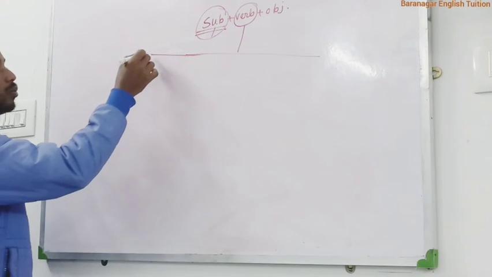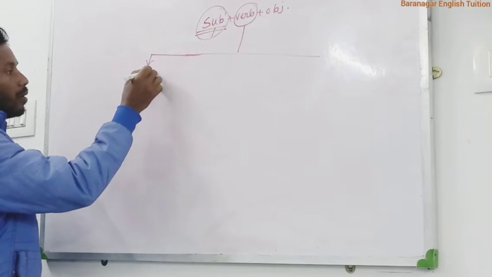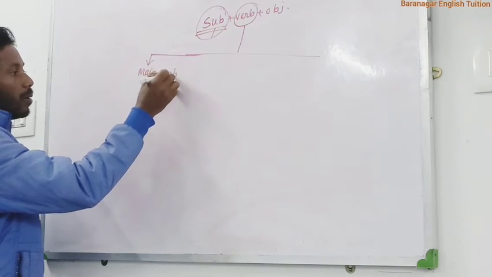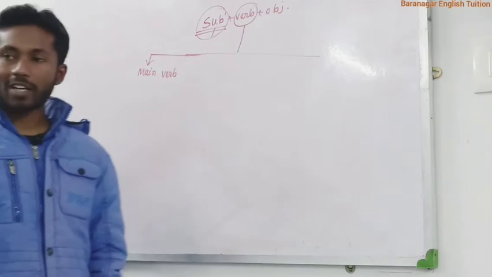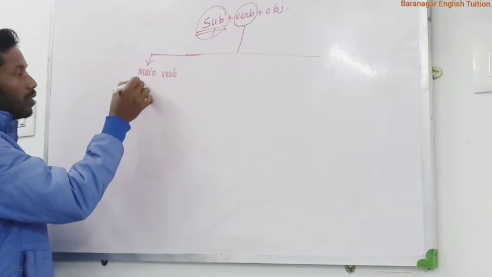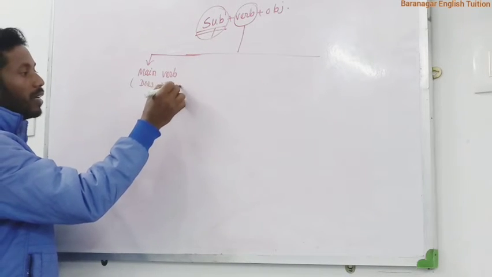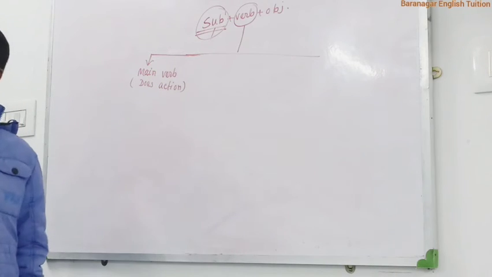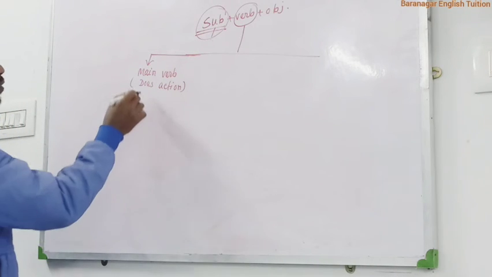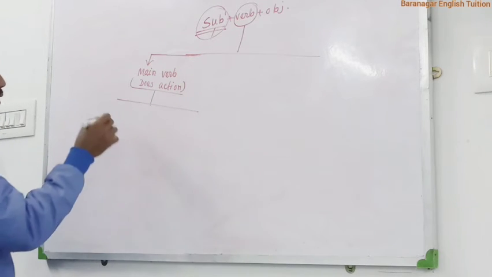First of all, we will understand the main verb. Main verb means which shows action, does action, like play, sleep, write, teach, learn. These are action verbs. This verb can be divided into two.